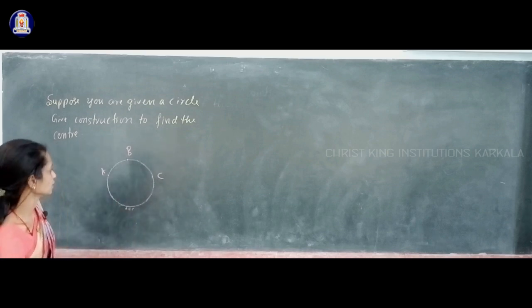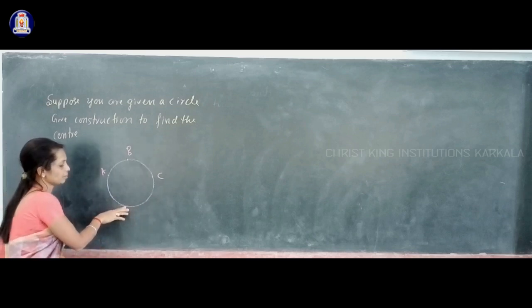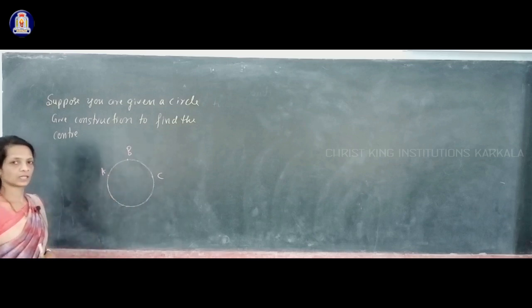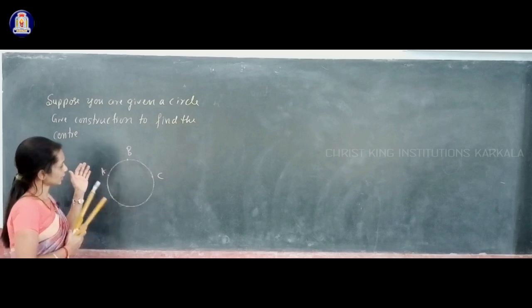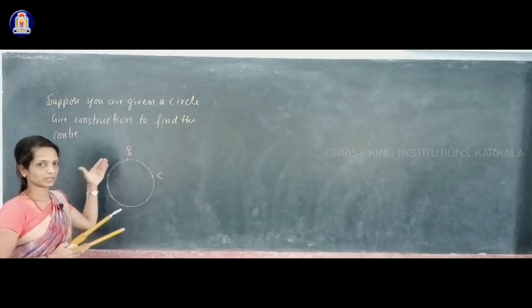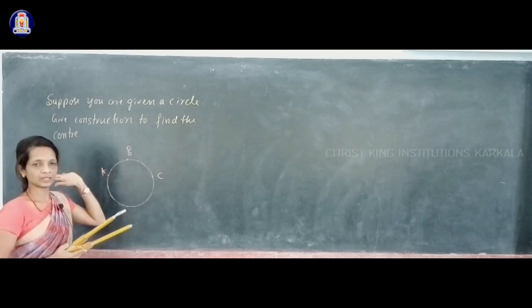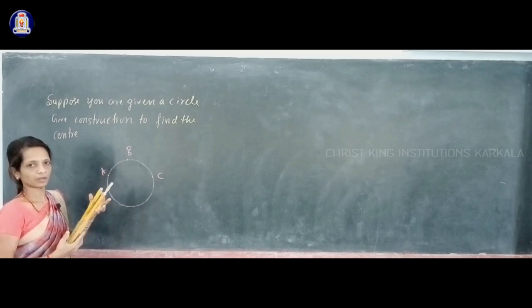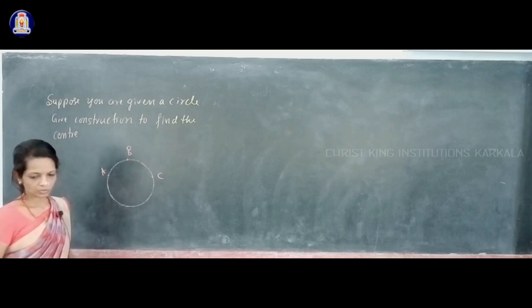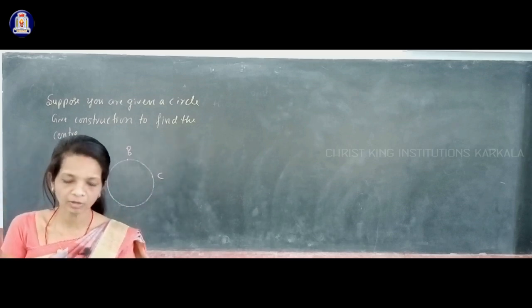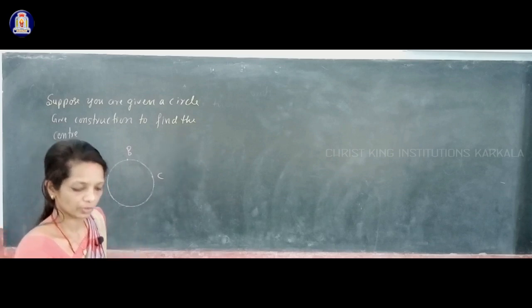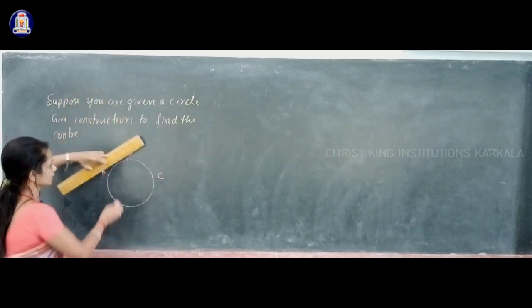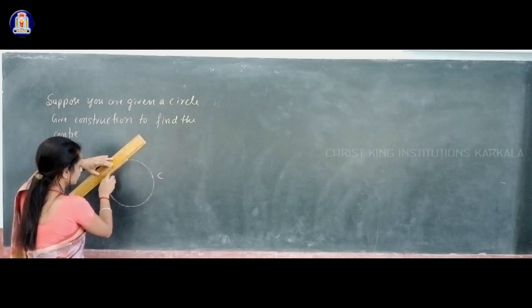So for that reason you take 3 points A, B and C on this circle, so that you can draw the perpendicular bisectors of AB and AC without any doubt. After marking 3 non-collinear points, you have to join AB and AC, or AB and BC.